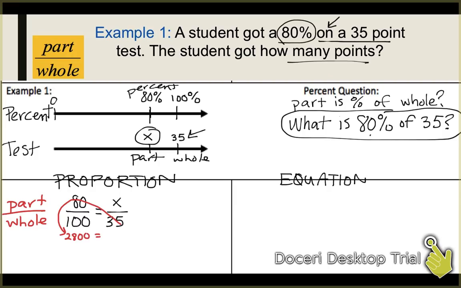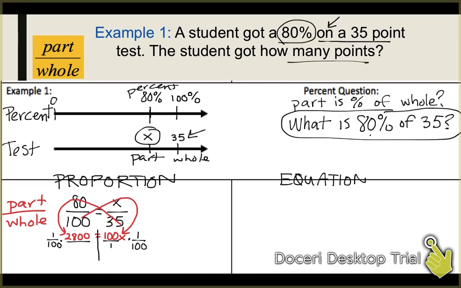And now I'm going to do the other side. I'm going to do 100 times x, which gives me 100x. Okay? So now I have a one-step equation. And remember, how do we solve that? We're going to draw a line down the equal sign. And now we're going to multiply each side by the multiplicative inverse of 100 over 1. So the multiplicative inverse of 100 over 1 is 1 over 100. So we're going to do that to each side.